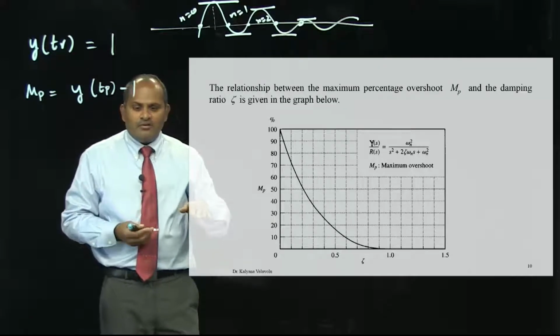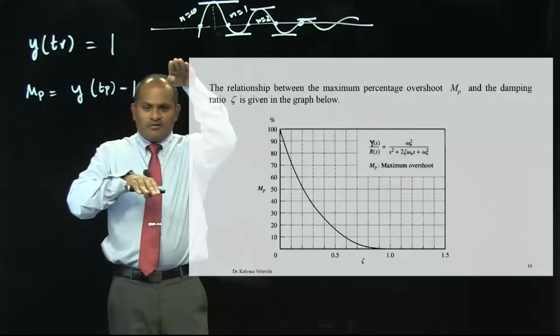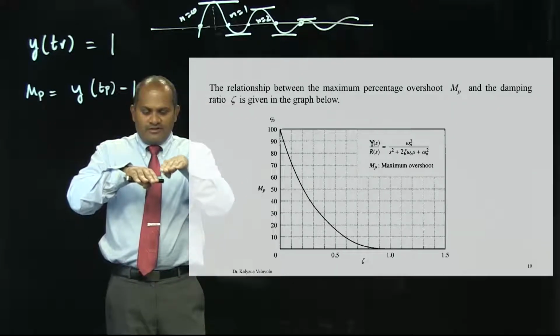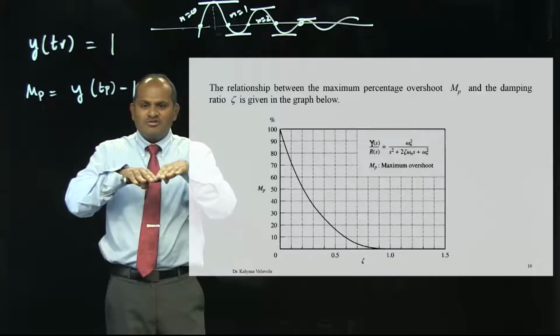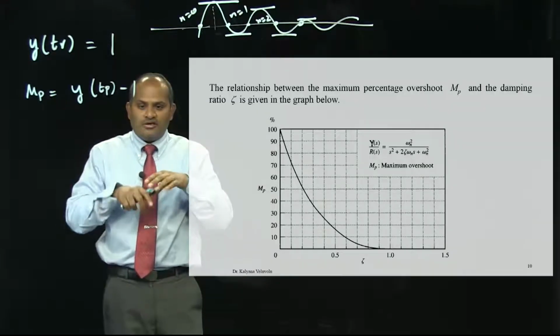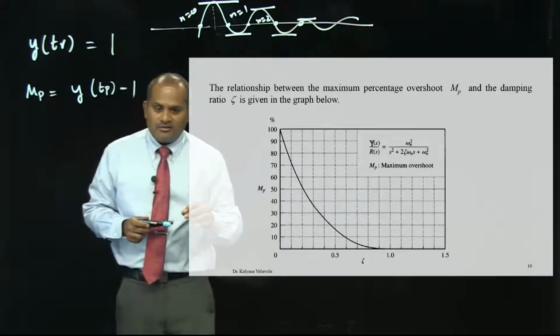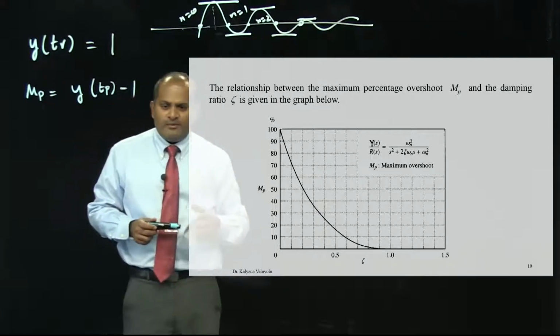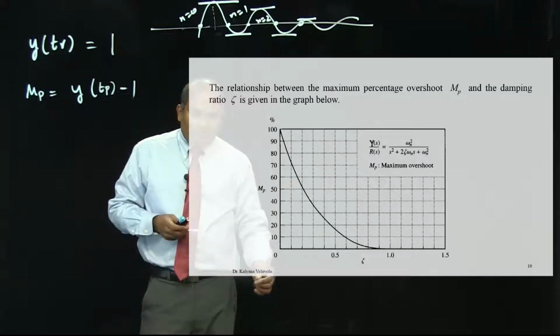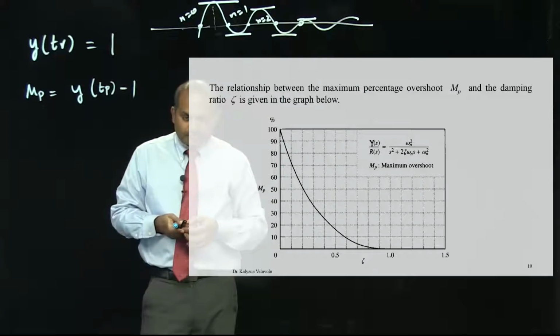The lift you take in the building, when it goes from one floor to another and stops, if there is some oscillation, the overshoot is not really good. You don't want your elevator to be oscillating. So elevator designs have like 1% to 2% or 3% overshoot depending on the design. So if your eta is increasing, your overshoot decreases.